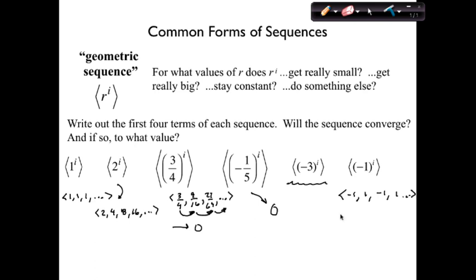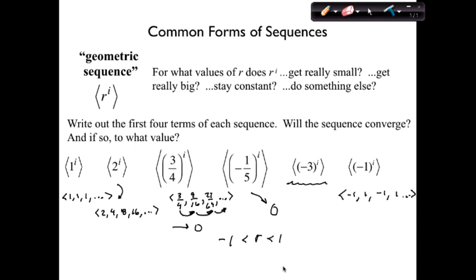So, for what values of r do you expect that this will converge to 0? Based on these examples, what do you think? R needs to be what kind of value for this thing to converge? Right, a fraction, less than 1, okay? So you're always taking some portion of what you had.